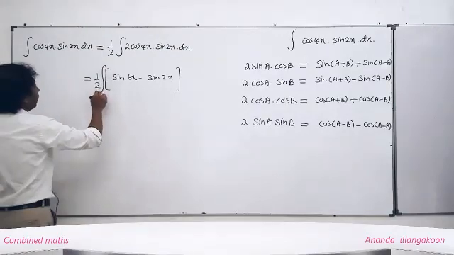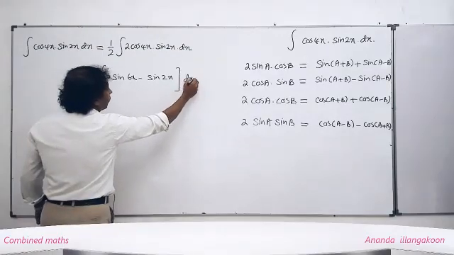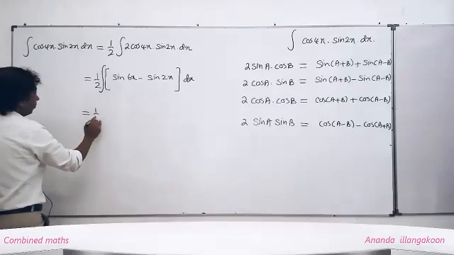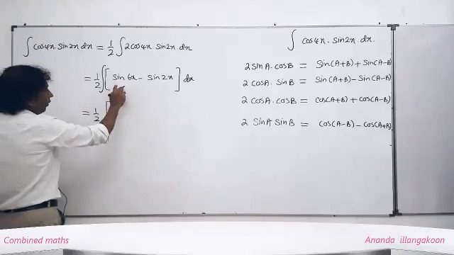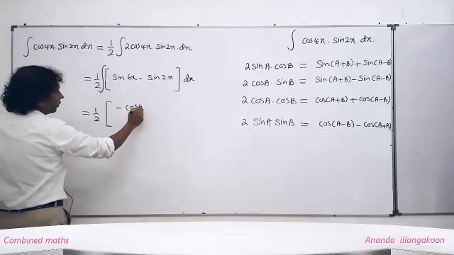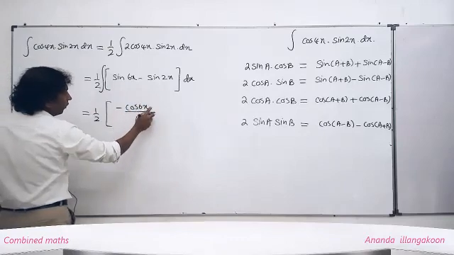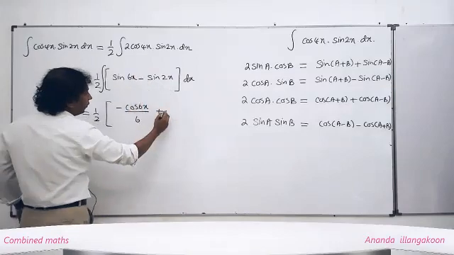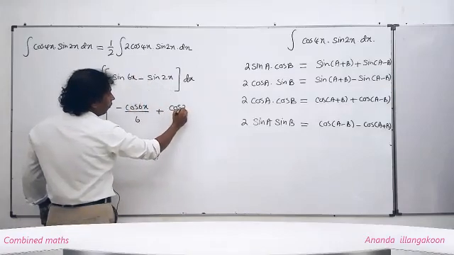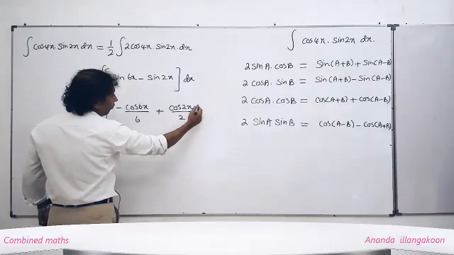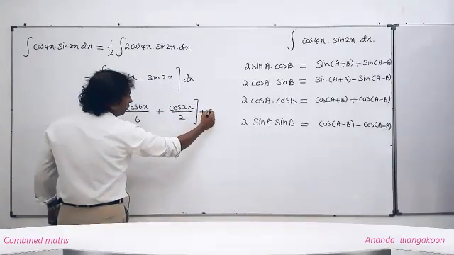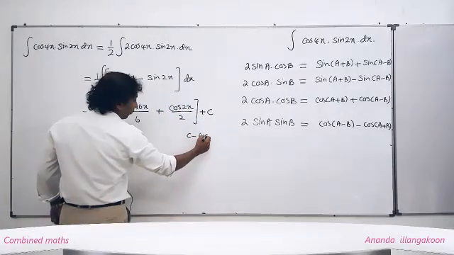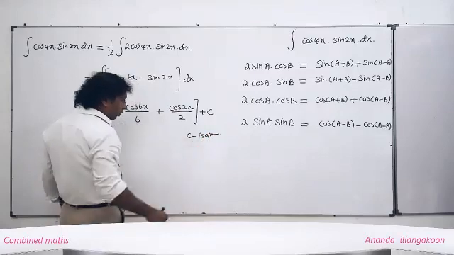Then you can integrate this. Here this is minus cos 6x by 6. Here we get plus because that minus and this minus, cos 2x by 2, plus C, C is any constant.